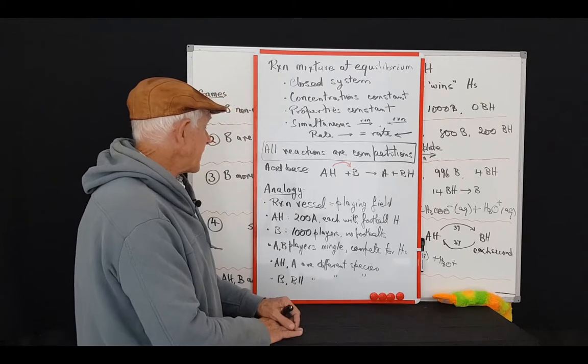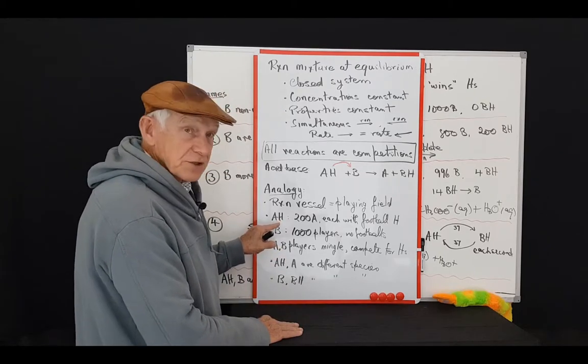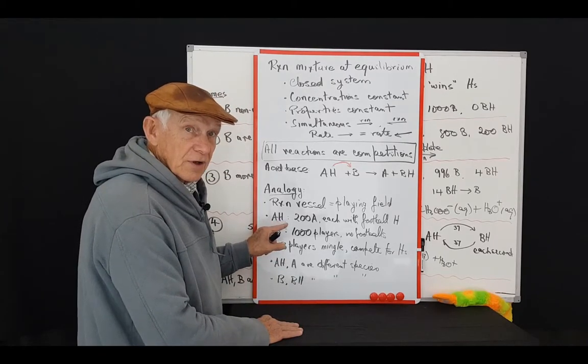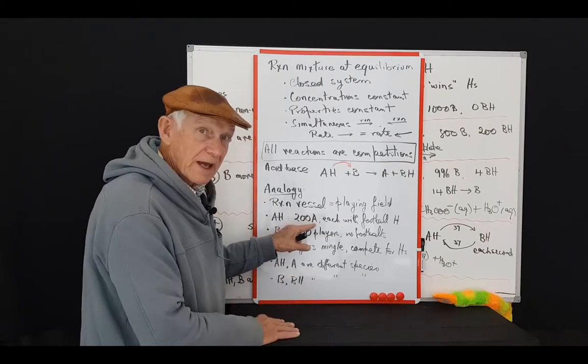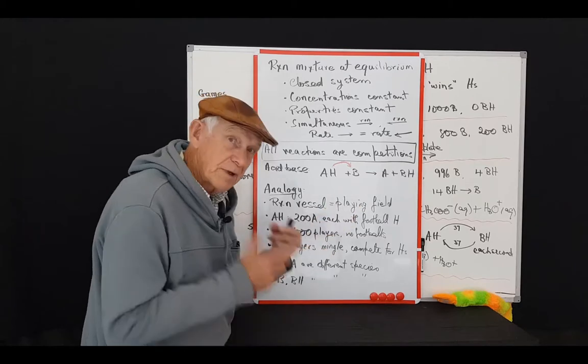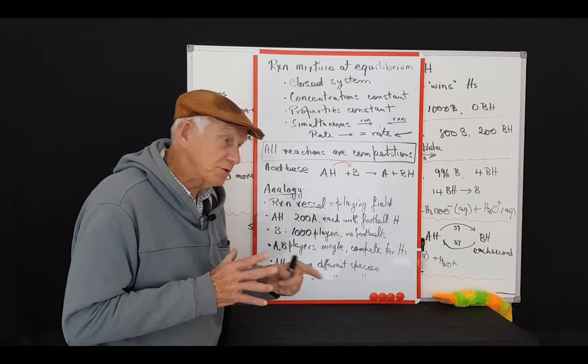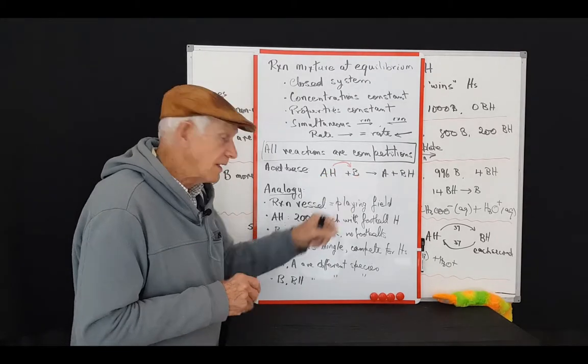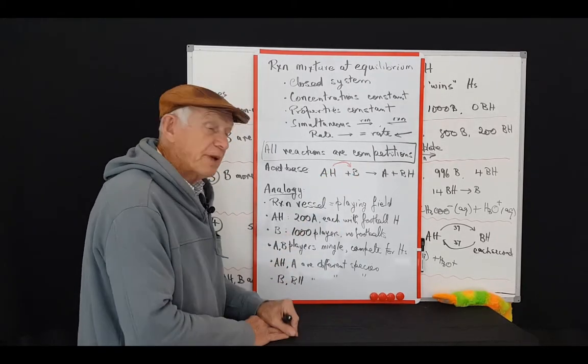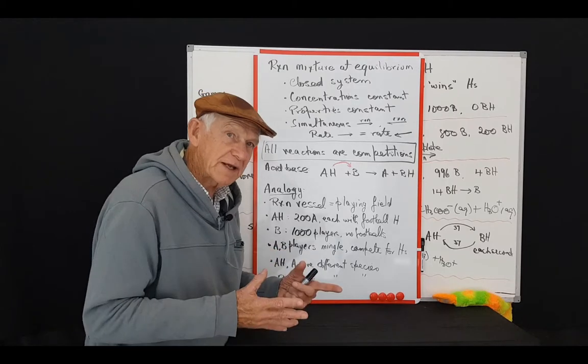And our players are AH. There are 200 of players that I'll call A players, each of them carrying a football, which I'll denote as H, that H. And there's 1,000 B players coming onto the playing field.